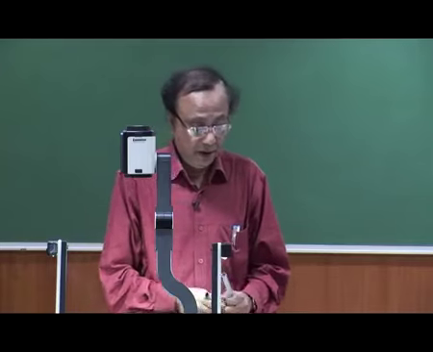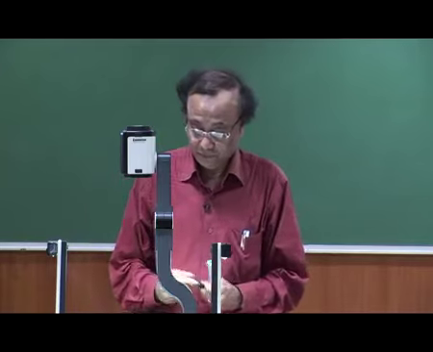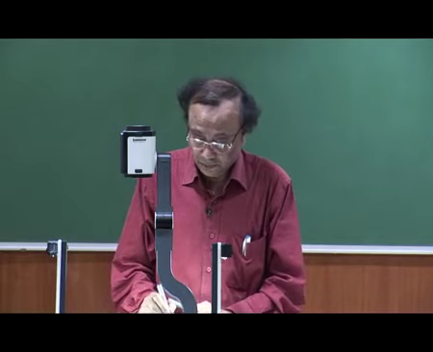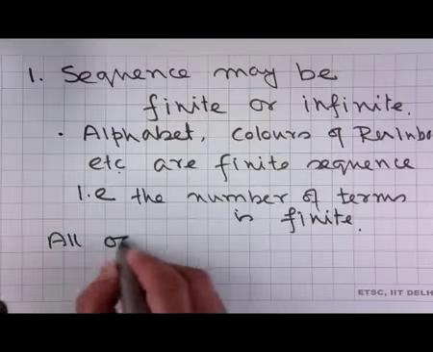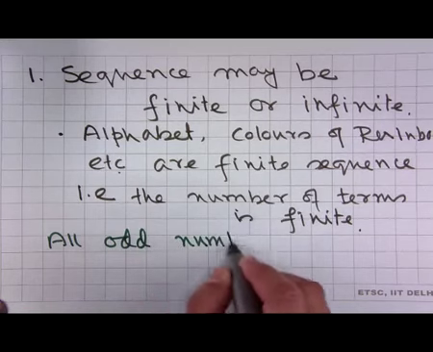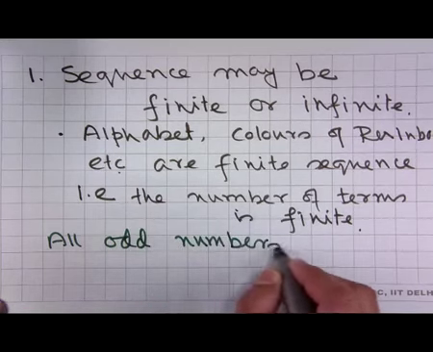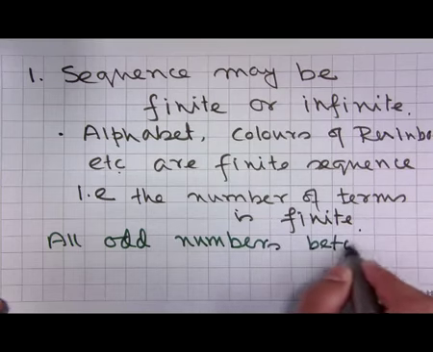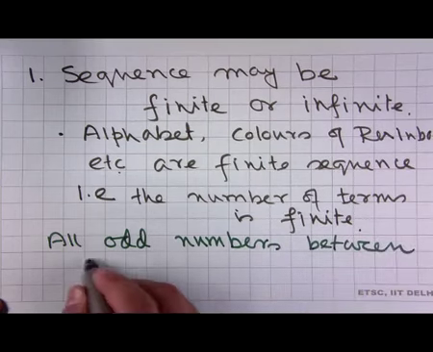Even numerically, we can think of, say, all odd numbers between 0 to 100.